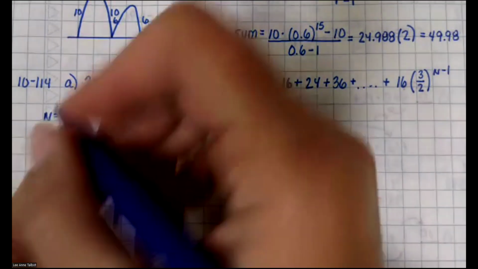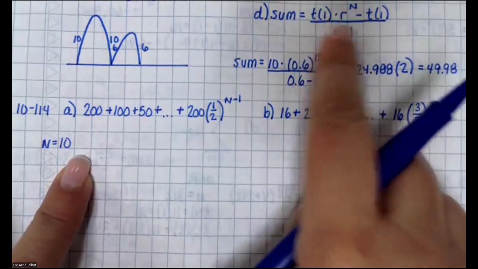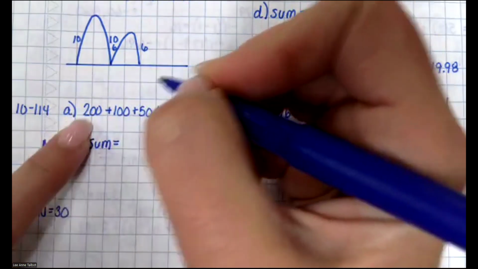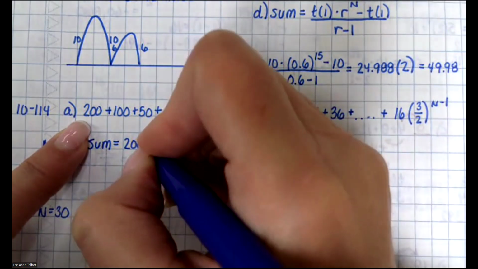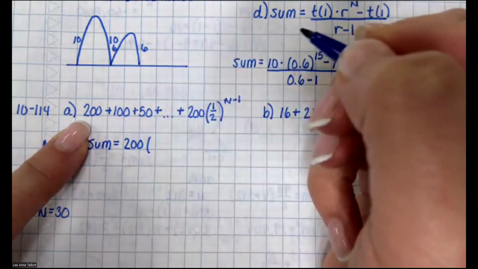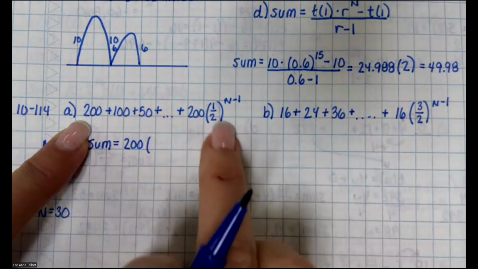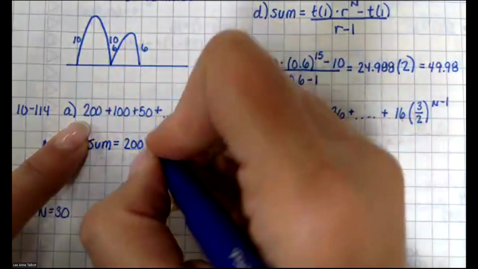Okay. So using this formula here, we're going to say sum equals first term times multiplier. What's the multiplier in this? You can tell two ways. It's right here, or you could tell from what it's doing.